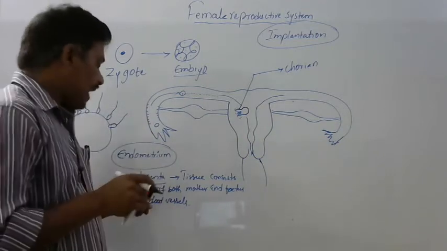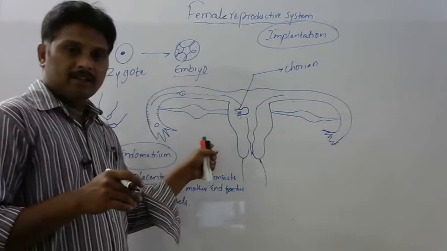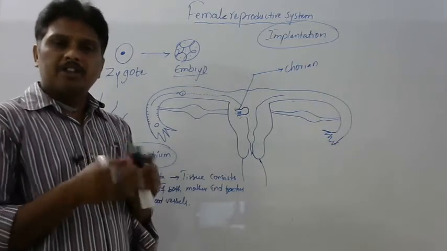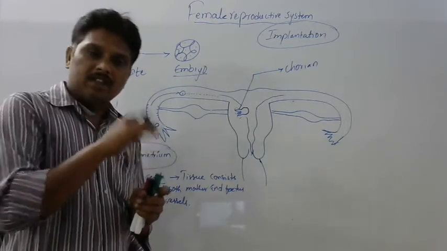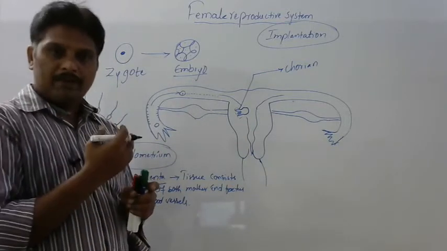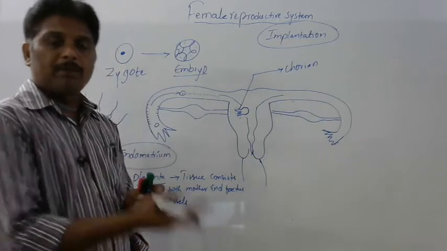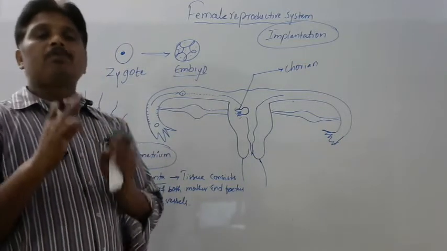This placenta is the tissue which acts as a barrier between the mother and the fetus and helps in the exchange of gases, like oxygen from mother to baby and carbon dioxide from baby to mother, and nutrients from mother to baby and waste materials from baby to mother, through simple diffusion.